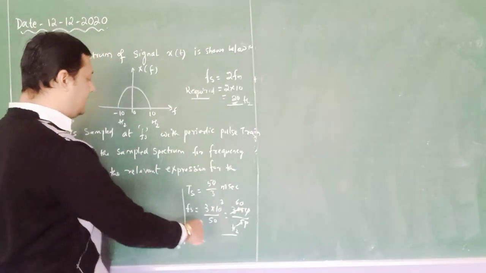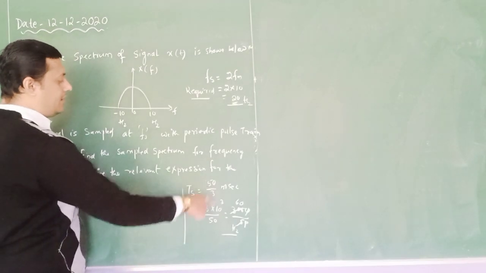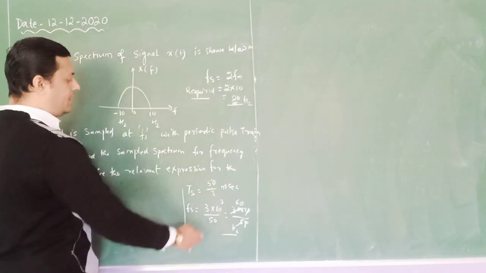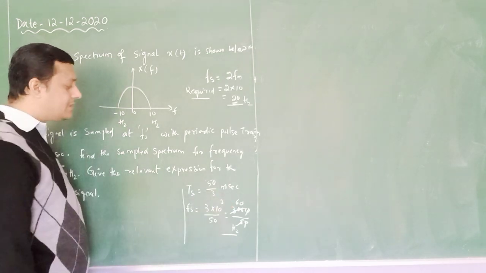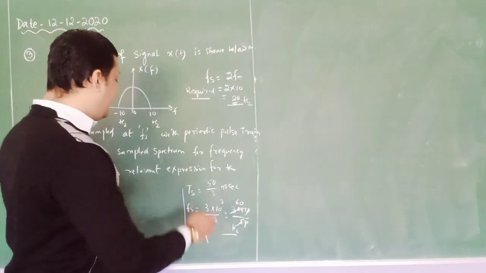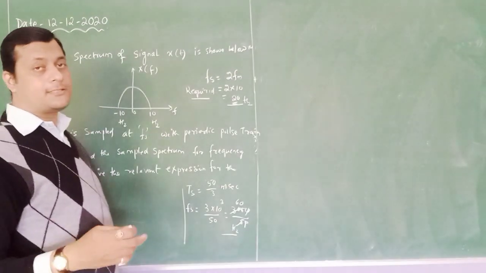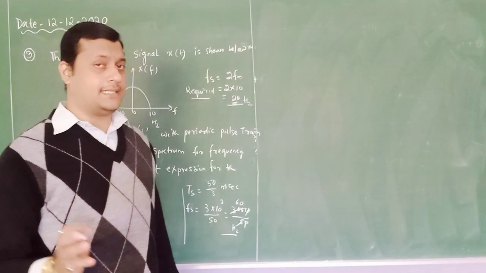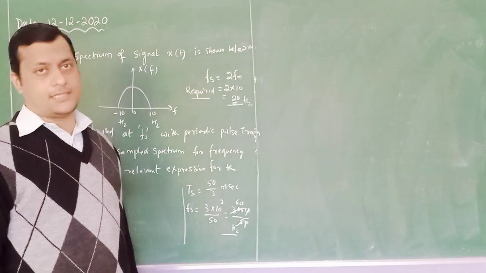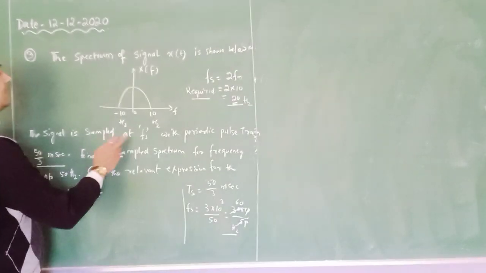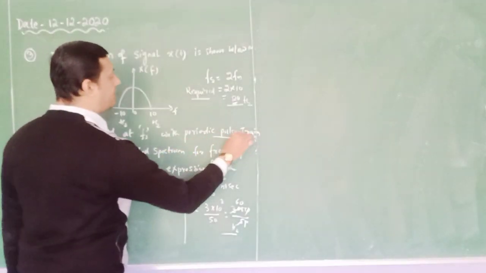So as you can see, it is 3 into 10 to the power 3 divided by 50. So it is around 60 Hz, and that will help us to represent the spectrums without aliasing effect. These are the two hints given. One more important hint: the signal is sampled with a periodic pulse.